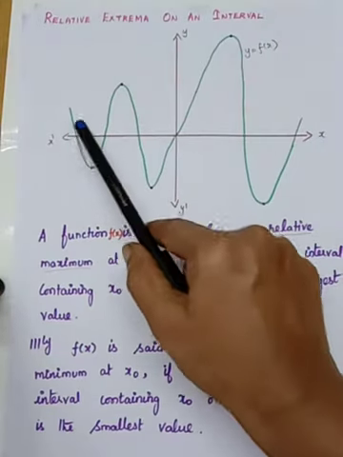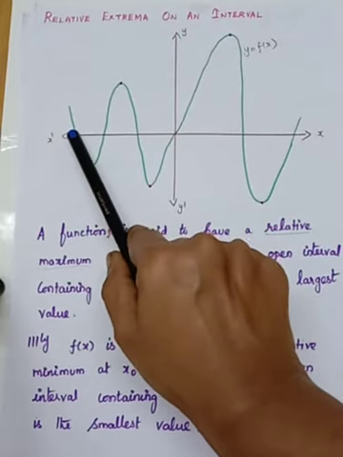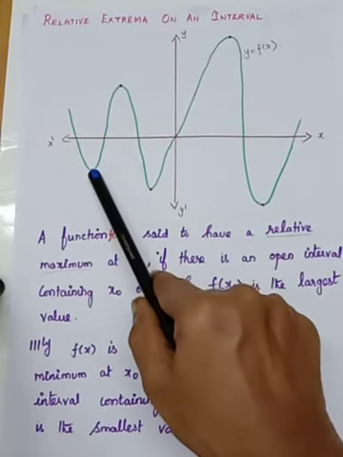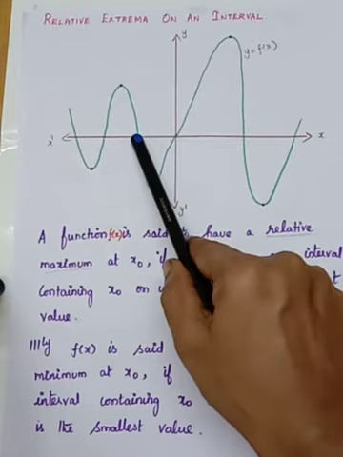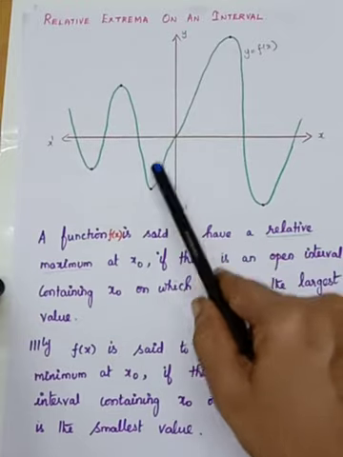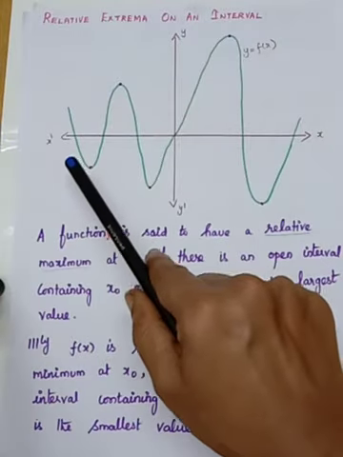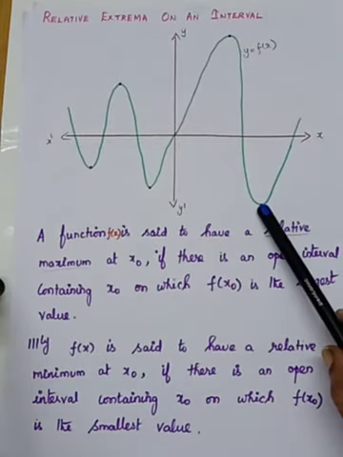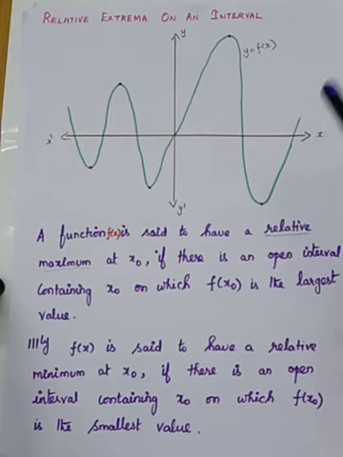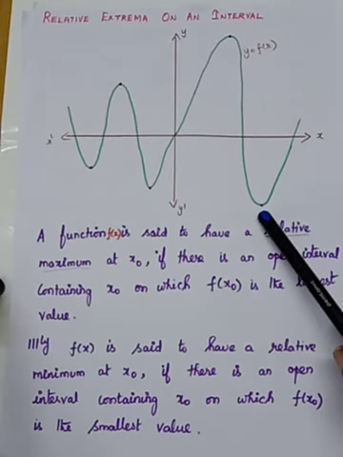In this open interval, if you consider from here to here, this is the minimum value. When the whole domain is considered, this is the lowest value for the function, so this is called the absolute minimum value.